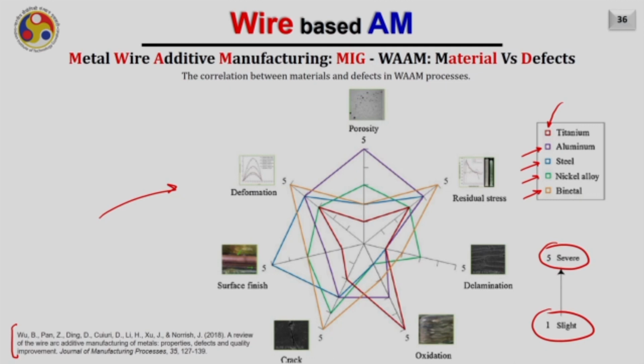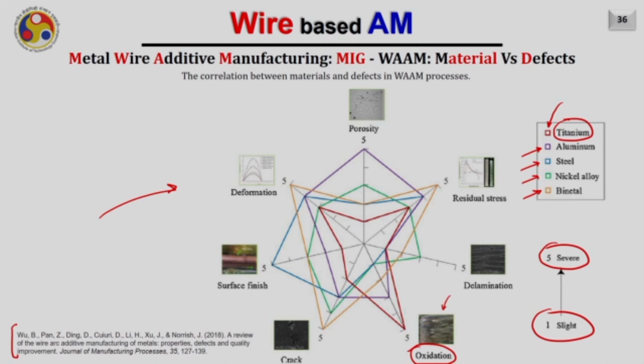Here you can see, let me consider only one example and then you can go through in detail. Let me consider titanium. It is more severe for the oxidation related defects, because titanium is a very reactive material, and immediately when the arc passes away, the hot molten or deposited material gets exposed to the environment and immediately gets oxidized.